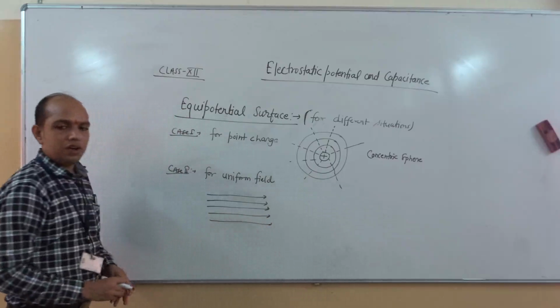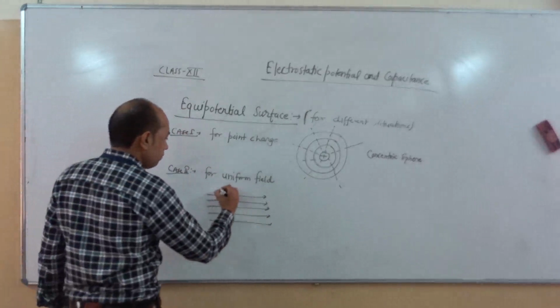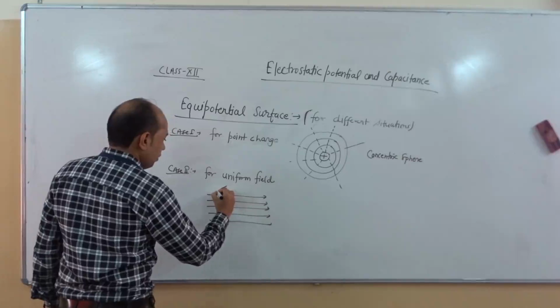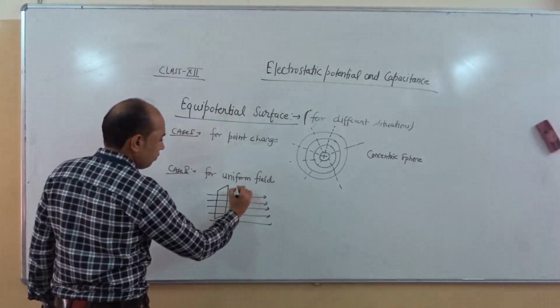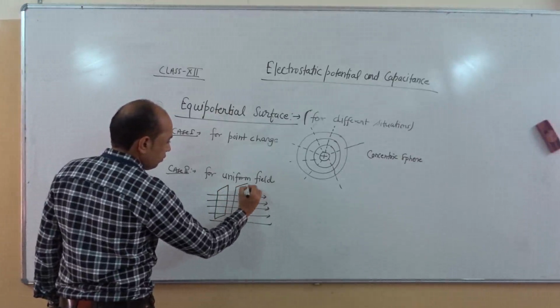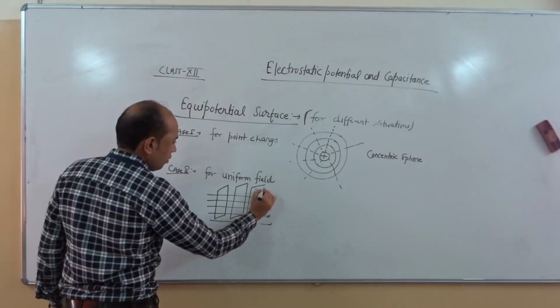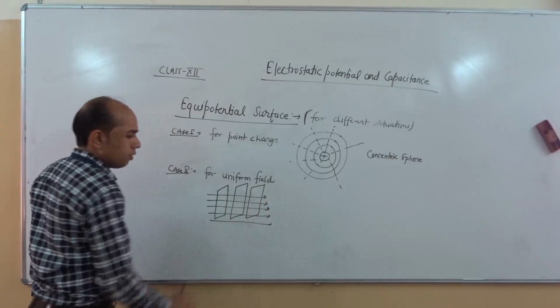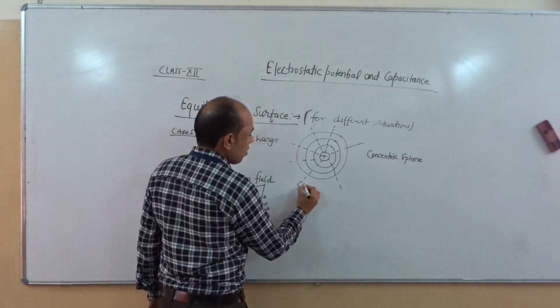So for a uniform field, if we define the equipotential surface, we just draw a plane perpendicular to the field lines. This shows the equipotential.